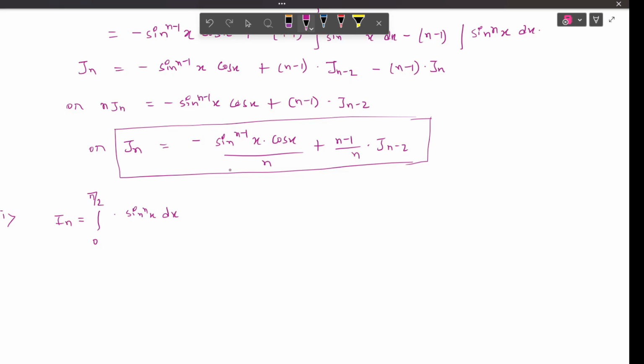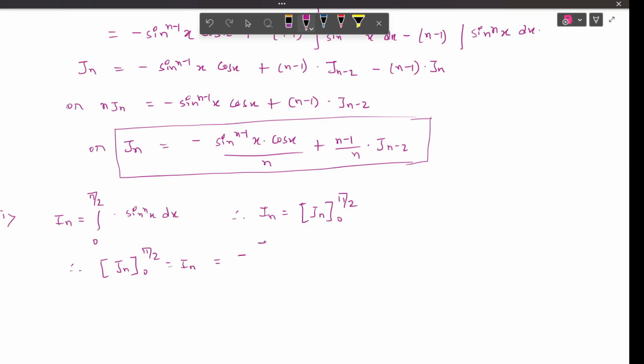We have just found out that In is actually Jn, which is this, putting the limit 0 to pi by 2. So we can say Jn from 0 to pi by 2, which is In, and you have to put the limit here from 0 to pi by 2.